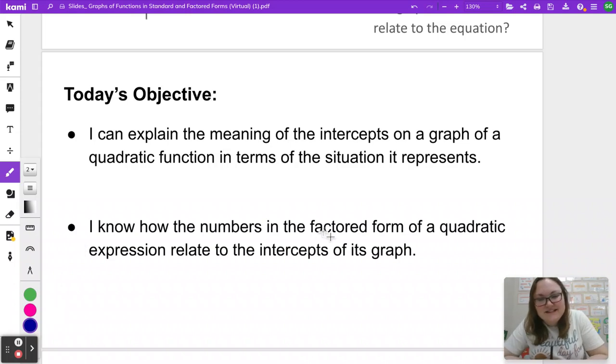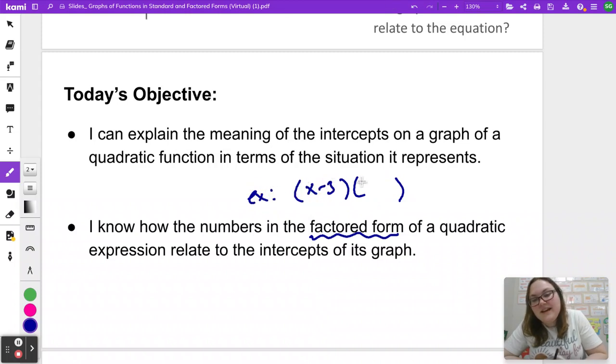Notice we are using those words factored form. We had learned in the previous lesson that factored form is when your quadratic is written as a multiplication problem. So for example, maybe (x - 3)(4 + x). That is factored form as opposed to standard form.